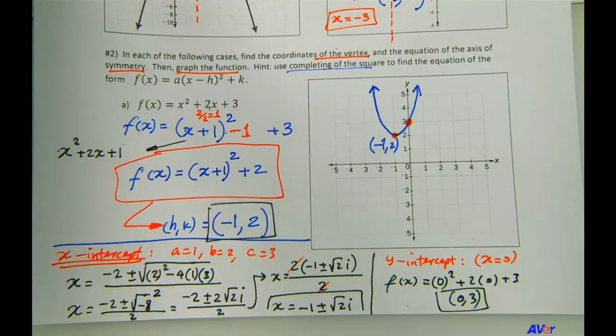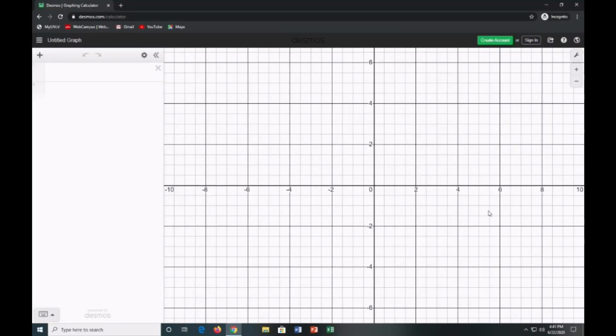Okay, so let's switch to the computer and graph this function using the computer and see how close we got. This was a manual interpretation or calculation of the information. Once I switch to the computer, you're going to see the screen blank out, so hang in there. Okay, there we are.